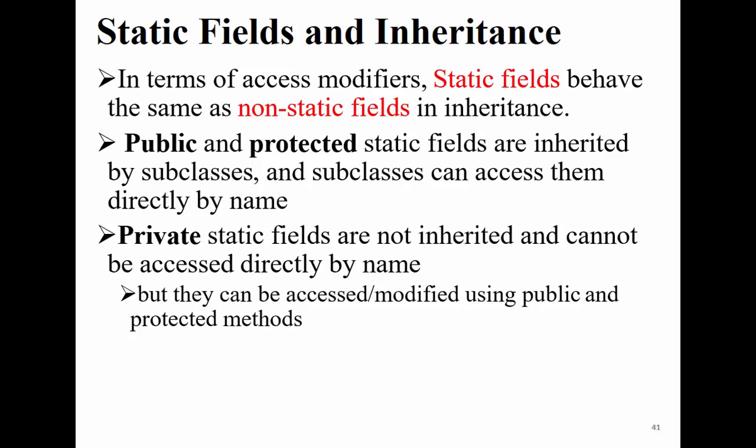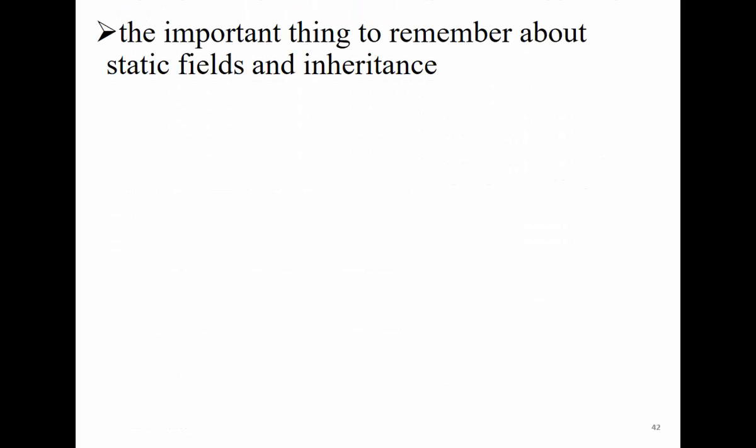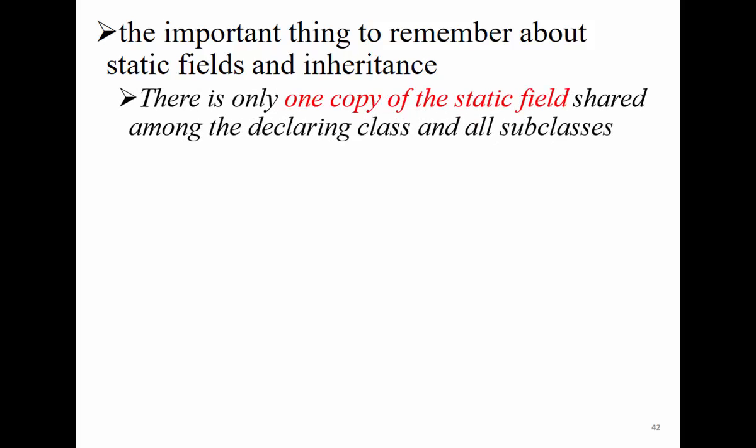So we cannot access the private static fields unless the class provides us with a public get method or a set method. The important thing to remember is that whenever you define a static field, you actually have one copy of this static field shared among all the classes and all subclasses.